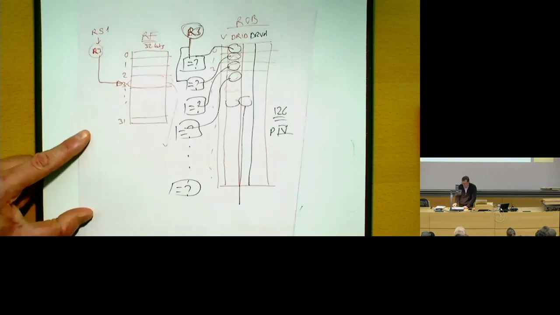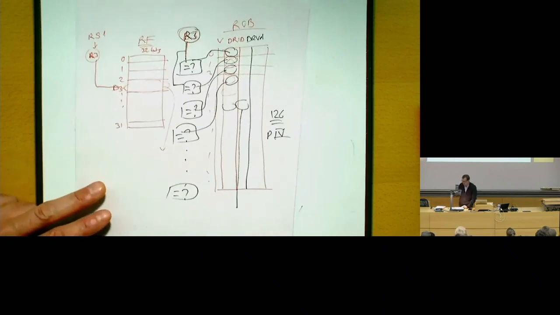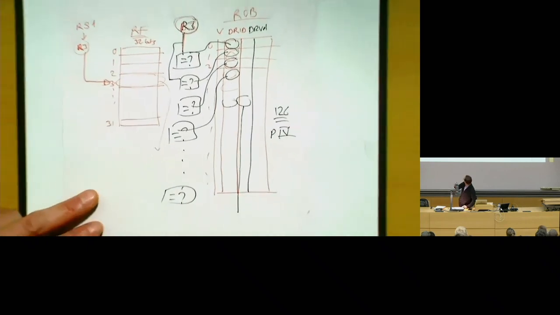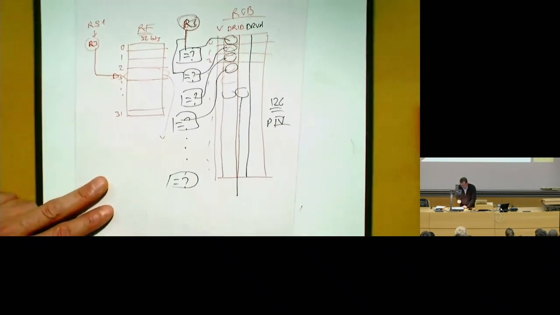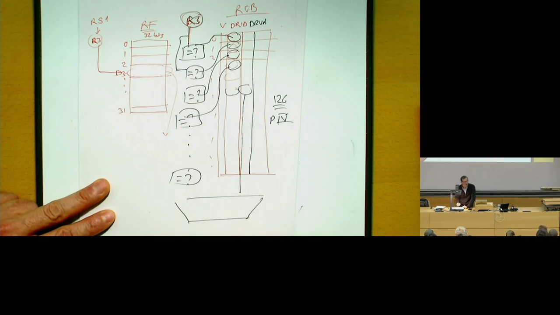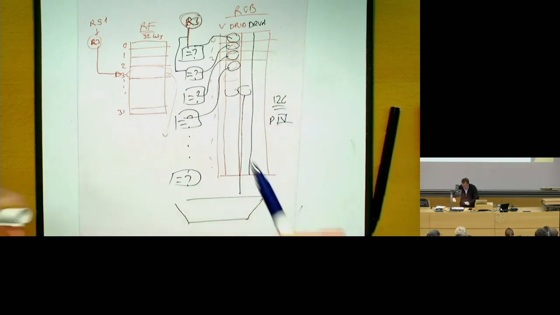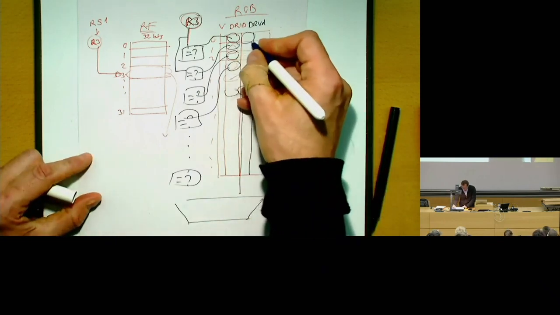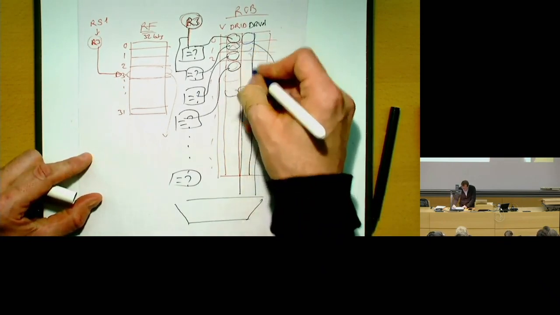Clearly, now this becomes not so easy to implement, right? Think about how to implement this in logic. You have these matching lines, and essentially you can have a huge mux, where every single destination register value is connected to that mux.